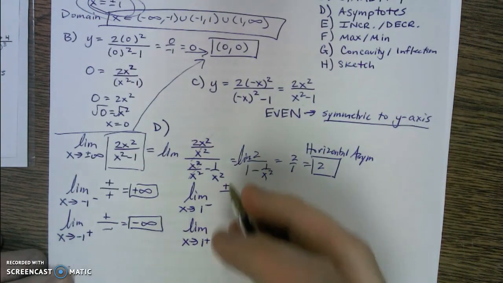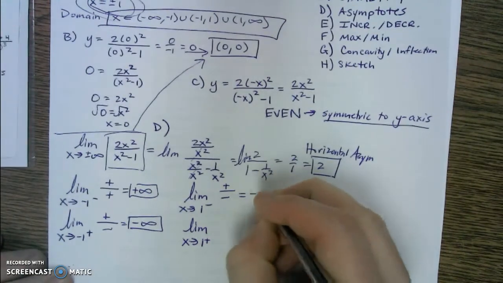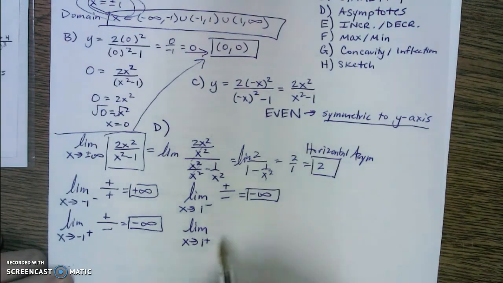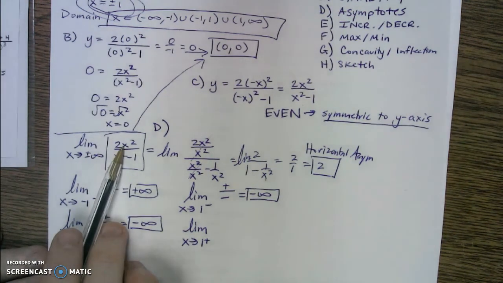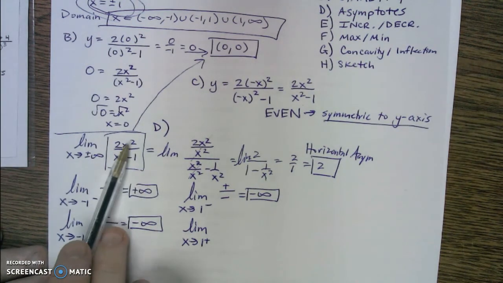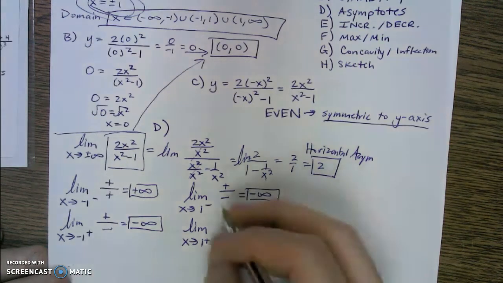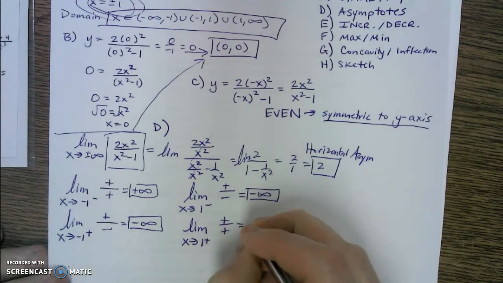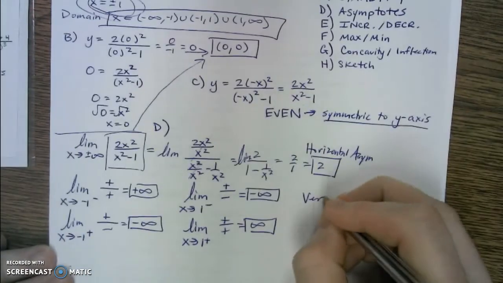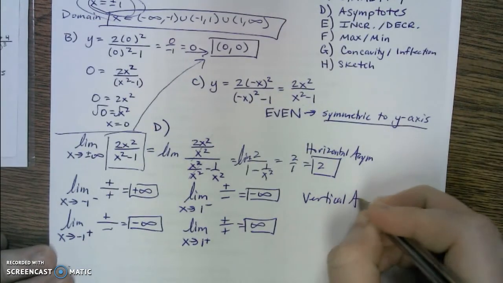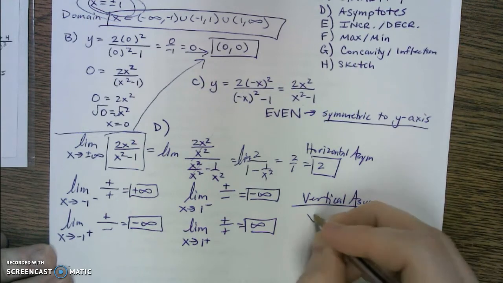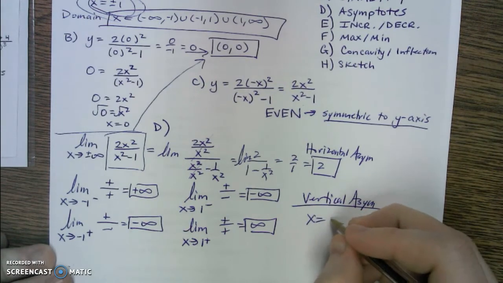I'd get 1/4 minus 1, so negative. So negative infinity. And then positive, or 1 positive, so let's say maybe 2. That'd be positive and positive. So positive infinity. So we've got vertical asymptotes at 1 and negative 1.